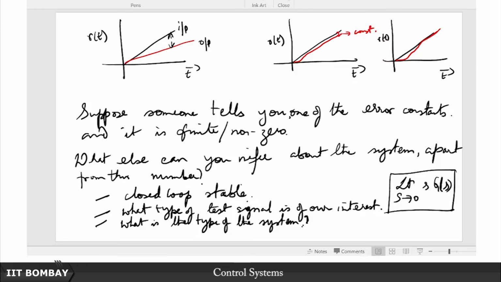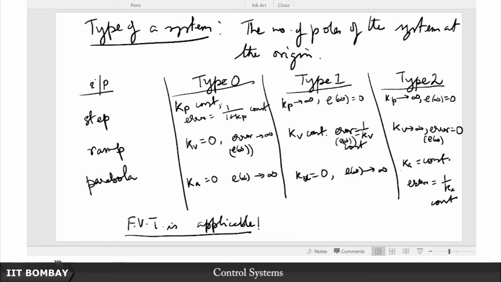What is the final thing, which is of course very obvious, it's a kind of a reciprocal relationship. So if someone tells me Kp is a constant, then immediately I can evaluate this error. It's a one-to-one mapping. As soon as I have the value of Kp, I know the value of the error, say E infinity. Similarly, if someone tells me Kv, I just take its reciprocal and I know what E infinity is.